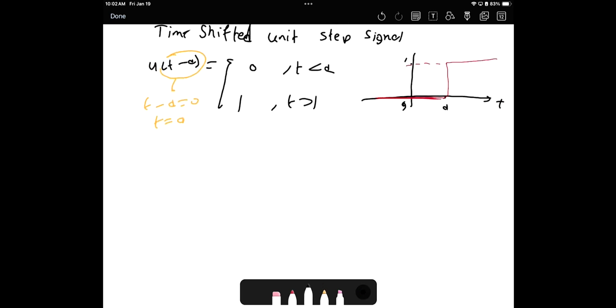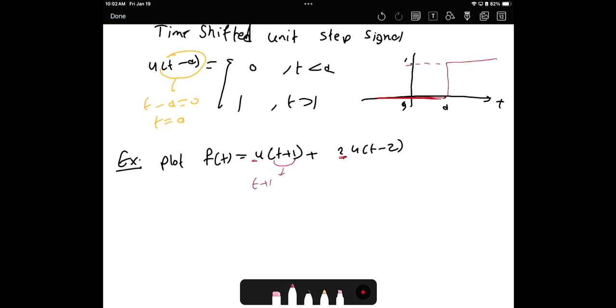In this example, plot f of t equals u of t plus 1 plus 2 u of t minus 2. The first observation you need to make is that the second term is multiplied by 2, and the first has a factor of 1. The unit step of t plus 1 equals 0 gives t equals negative 1, so this one will be activated at t equals negative 1, while for t less than negative 1 it will be 0.